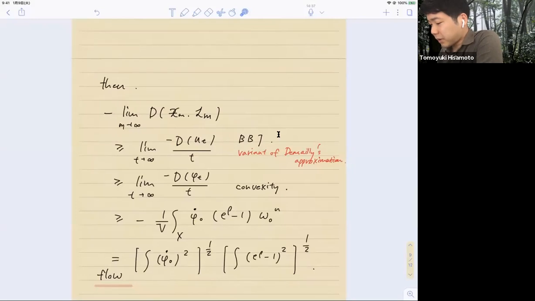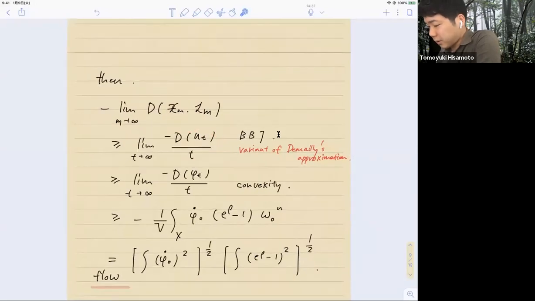So one can regard these test configurations as a sort of log of polynomials, and this is PSH; the plurisubharmonic functions should be approximated like that. And then the slope of D along the geodesic is bounded from below by the slope of D along the flow. This is simply a consequence of convexity.